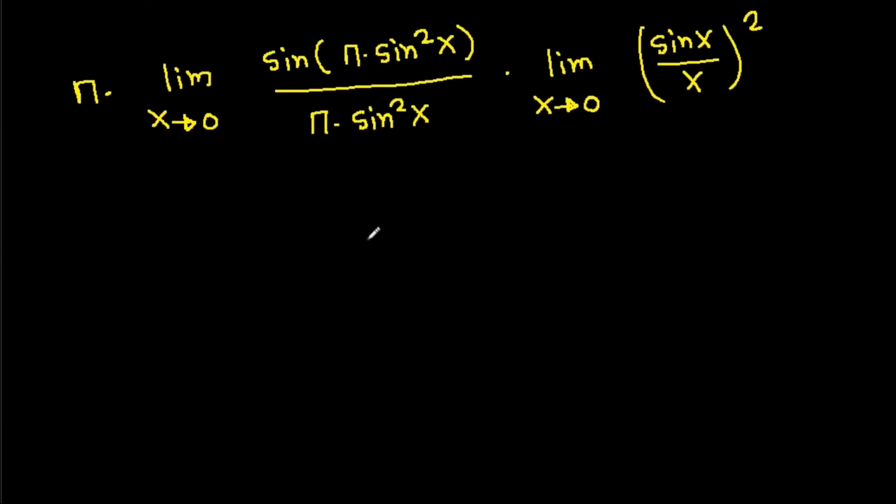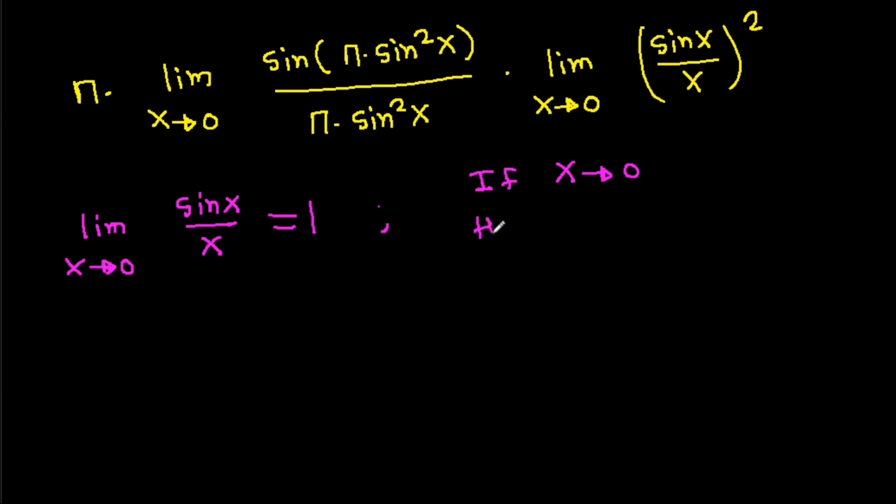And we know that the limit as x tends to 0 of sin x over x is 1, and if x tends to 0, then π sin² x will also tend to 0 because sin 0 is 0.